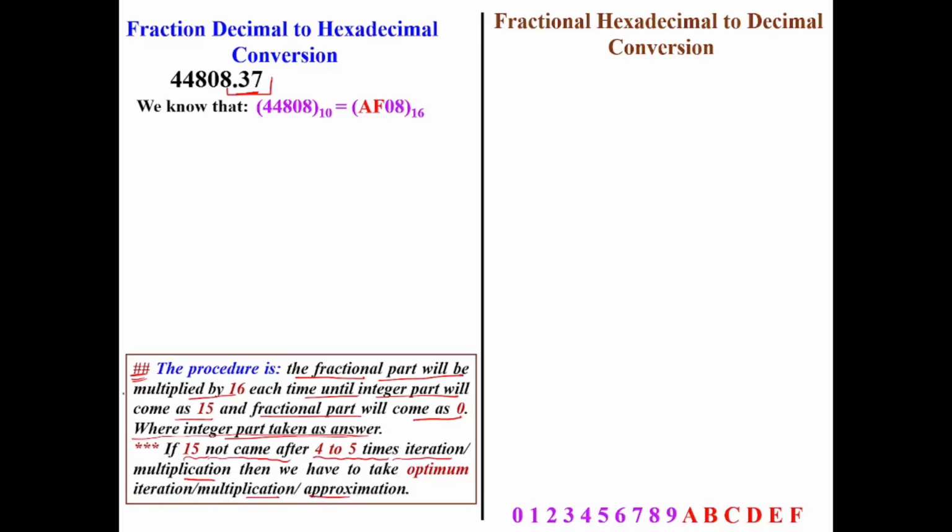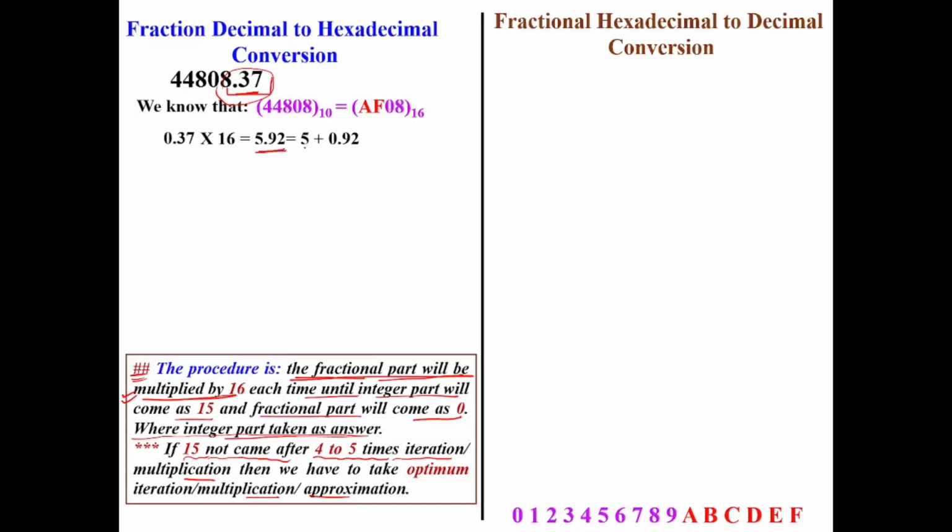By considering this procedure, we have to find the hexadecimal number of this fractional decimal part, that is 0.37. Let's do this. The given fractional part is 0.37, and it will be multiplied by 16. First, 0.37 multiplied by 16, we get 5.92.